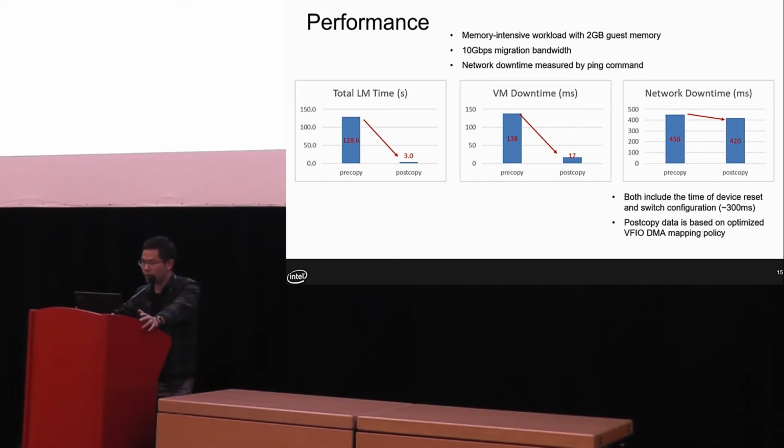For post-copy, it has about 100 milliseconds of overhead, mostly contributed by VFIO DMA mapping, etc. We already optimized this overhead from previously about 1 second by giving higher priority to the real DMA pages in the mapping process.